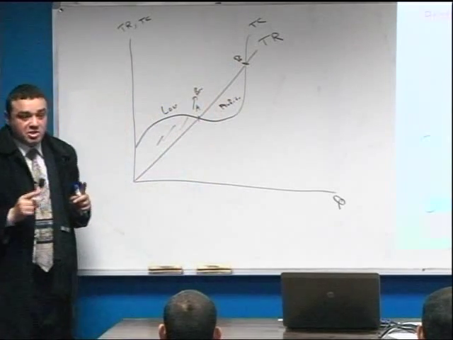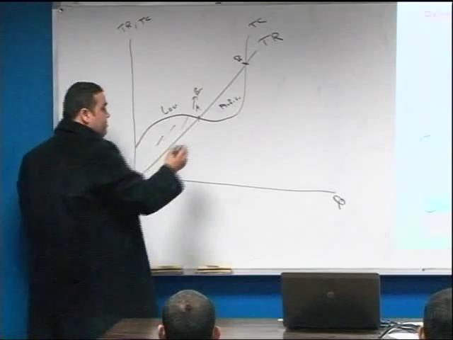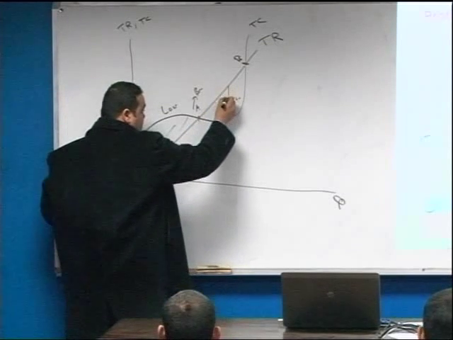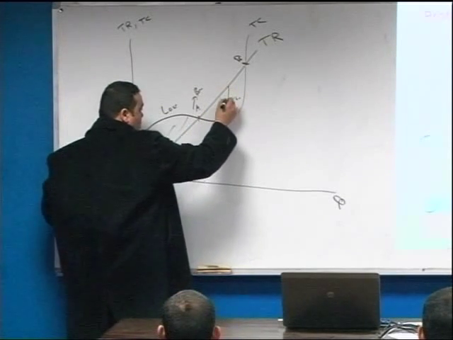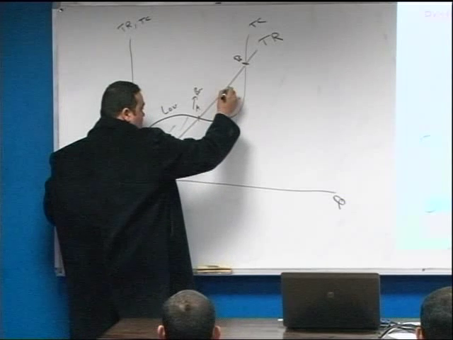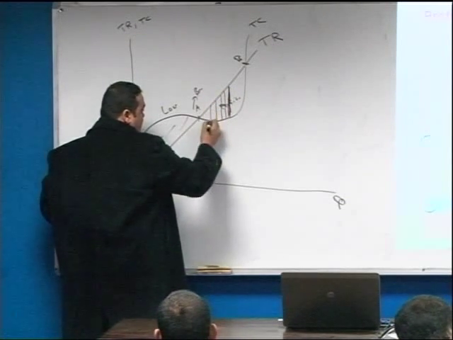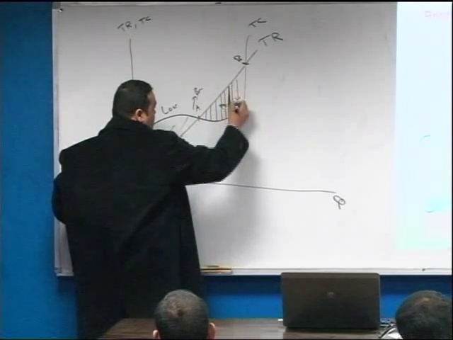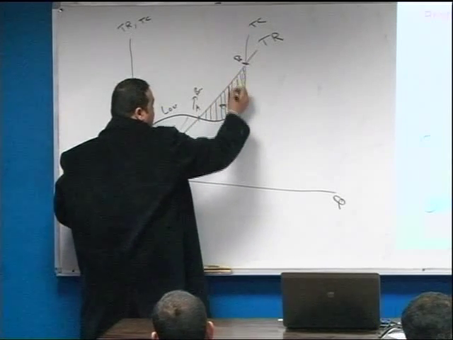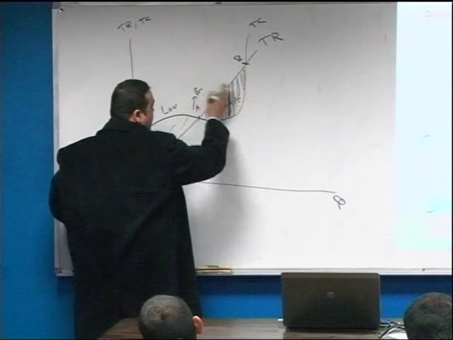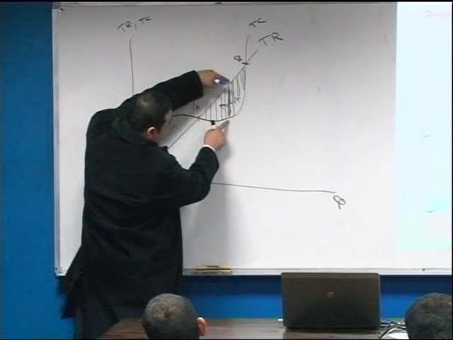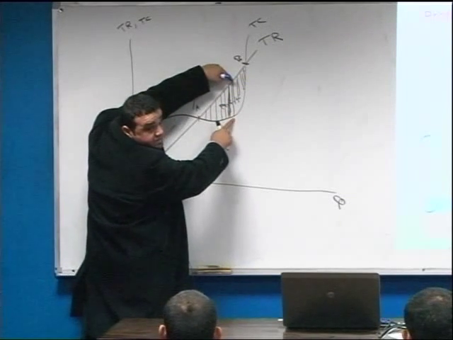And as we mentioned, the profit is maximized at the largest vertical distance between total revenue and total cost. Where is it? Maybe this, right?